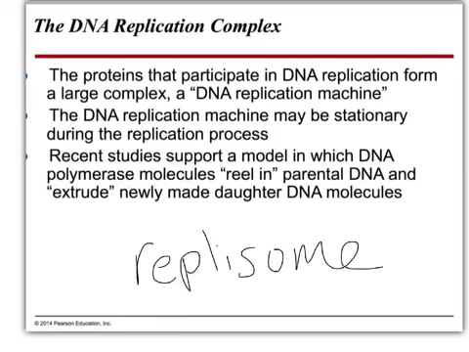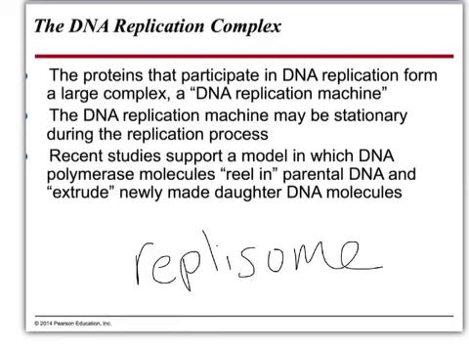So the book calls it a DNA replication machine, a DNA replication complex. All right, it's all the same thing. It's a collection of the proteins that are important for DNA replication in one area, so that we're not waiting for primase to come in and go out, or DNA polymerase. They're all there in one area.